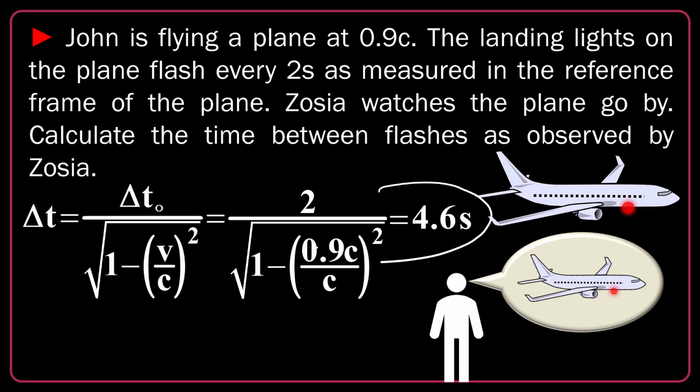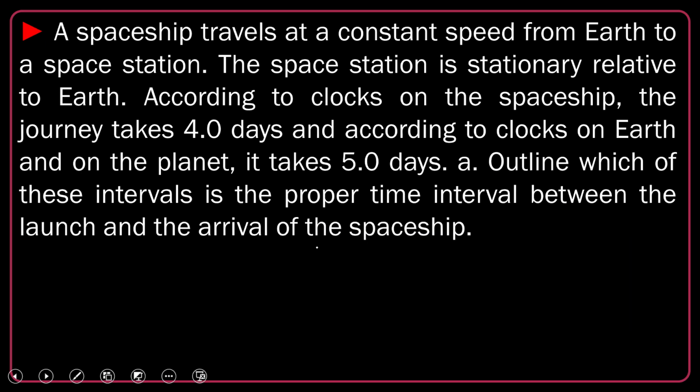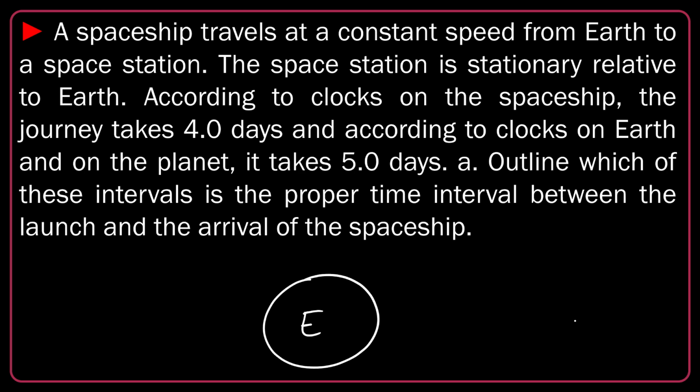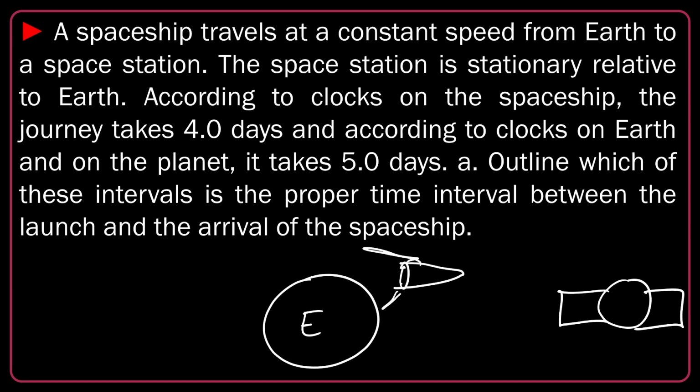4.6 seconds. Another question. A spaceship travels at a constant speed from Earth to a space station. So let's say this is the Earth and this is the space station, okay? A spaceship is traveling from Earth to the space station. According to the clocks on the spaceship, the journey takes 4 days.